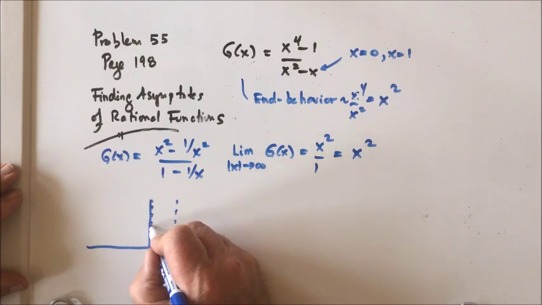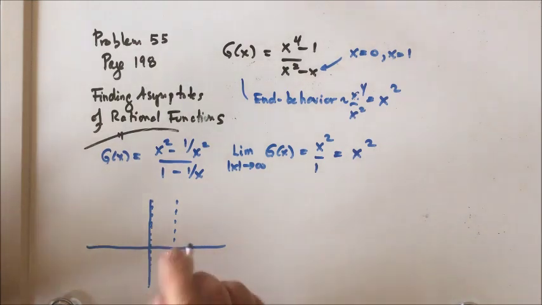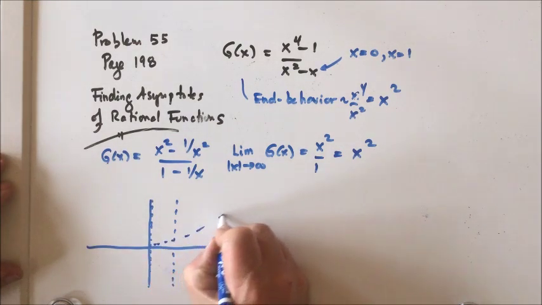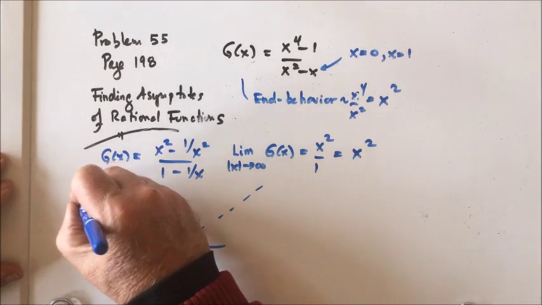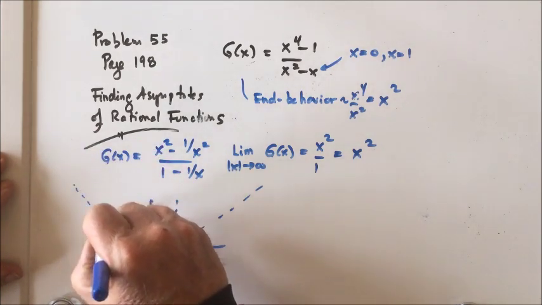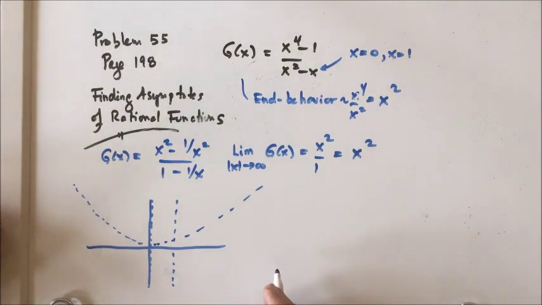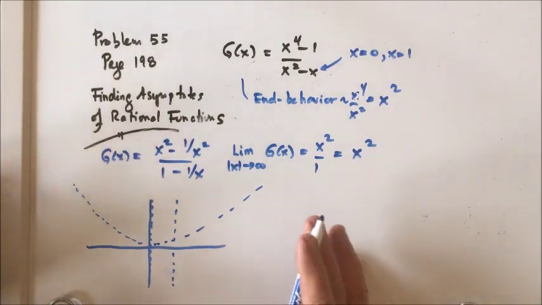And at x equals 0, there's a vertical asymptote as well. But what this function is doing out in infinity is it's looking like x squared, which maybe looks like that. So we can draw this very quickly.